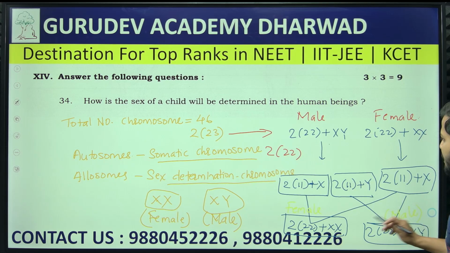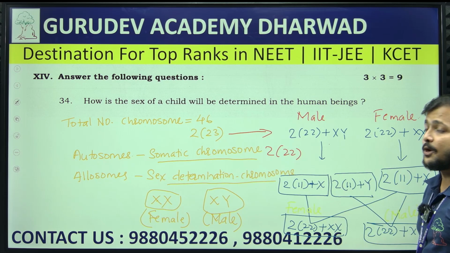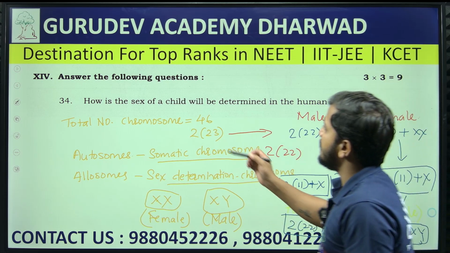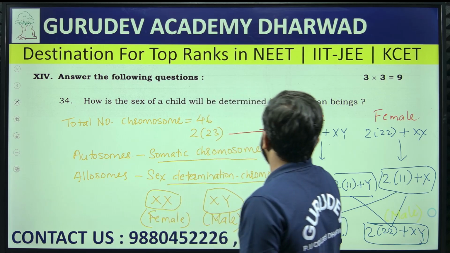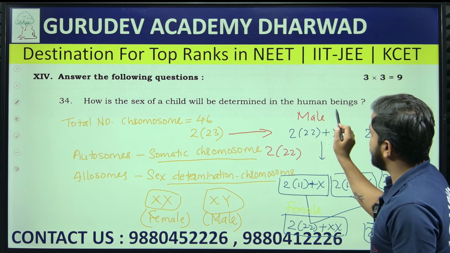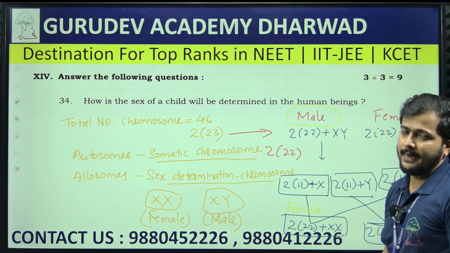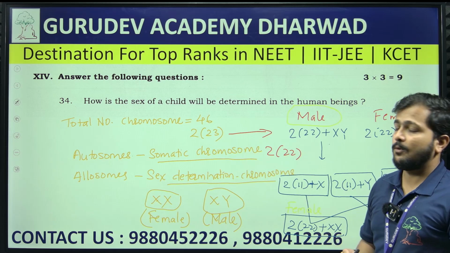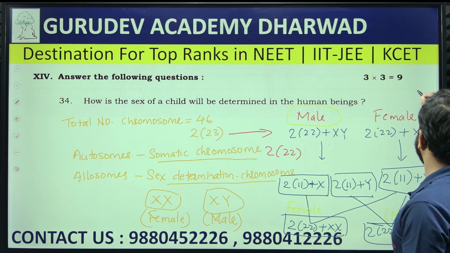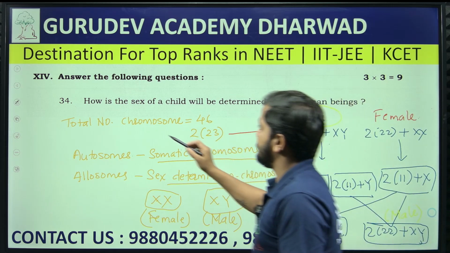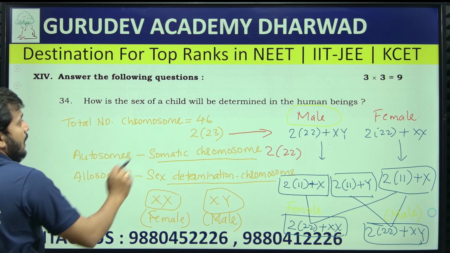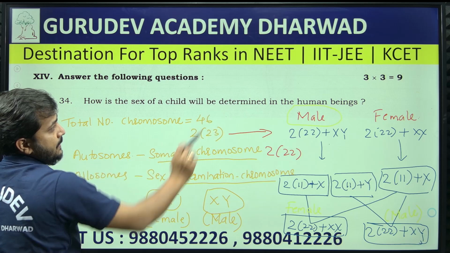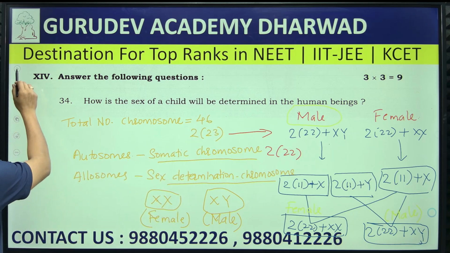Then overall what we can understand is that the sex of a child in human beings is determined by the male, who determines the sex of the baby, right. That is the explanation of how the sex of a child is determined in human beings, right.